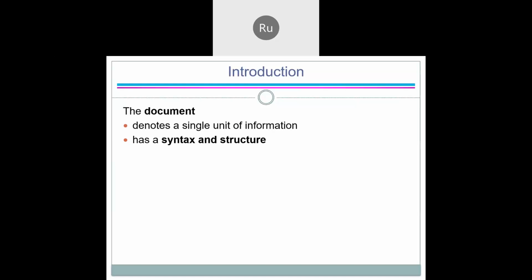Correction just now, the syntax refers to the structure and also the grammar of the document, such as the sentence structure and so on. Semantics refers to meaning, so the concepts they are talking about in the document.